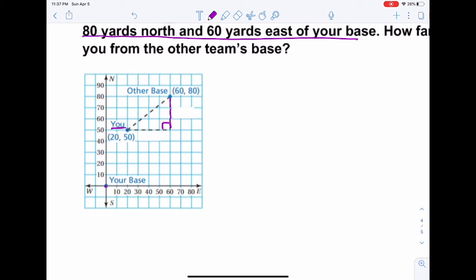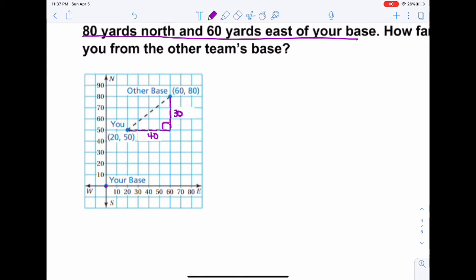So, from here to here, tenemos una distancia de 30. Alright, looking down at your x coordinates, 10, 20, 30, también estamos contando por 10. So if I look at this side, 10, 20, 30, 40. Tengo una distancia de 40 yards.